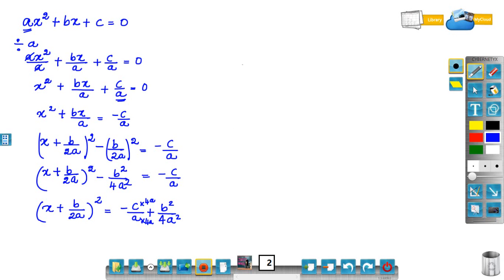That is x plus b by 2a whole square is equal to minus c into 4a is 4ac divided by 4a square plus b square by 4a square.